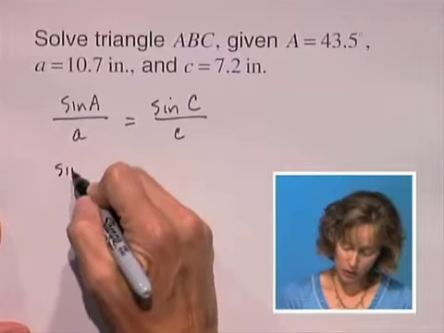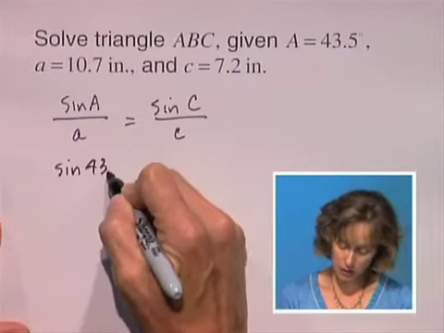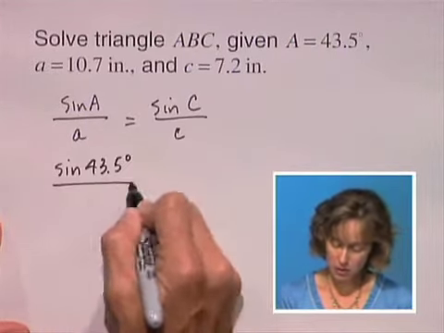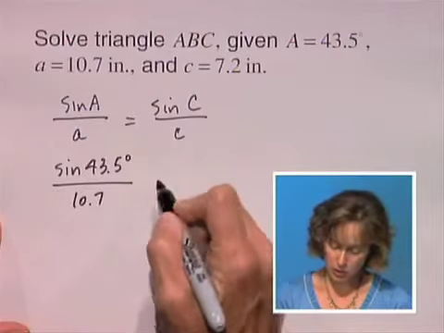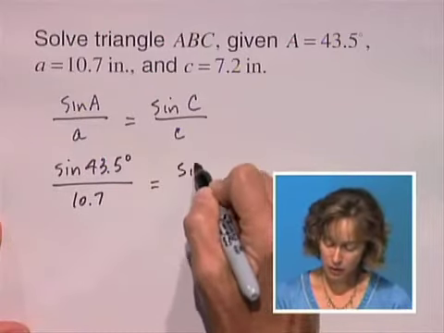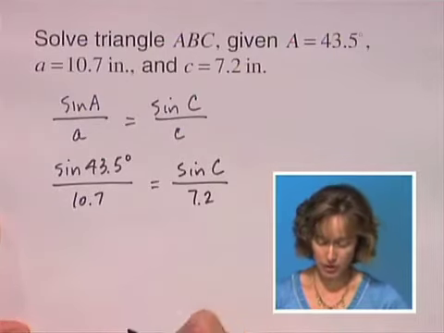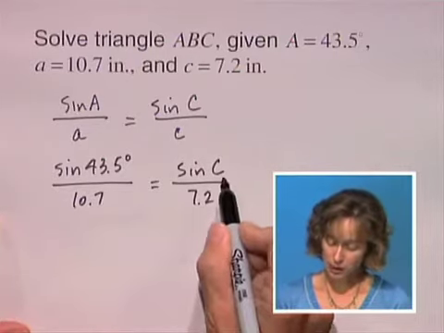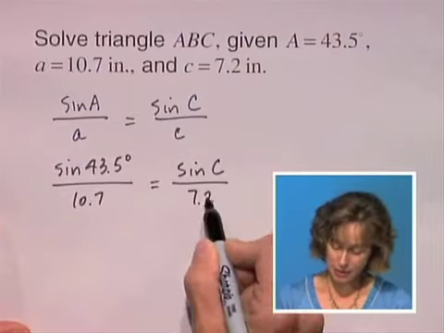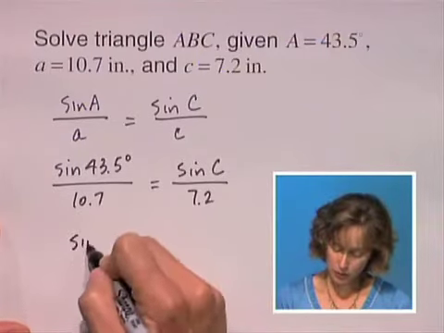We have angle A, 43.5 degrees, side A, 10.7. We're looking for angle C. We know side C is 7.2. Let's isolate sine C by multiplying by 7.2.